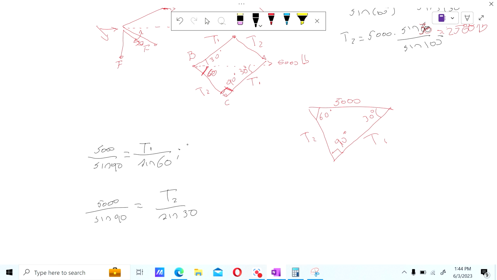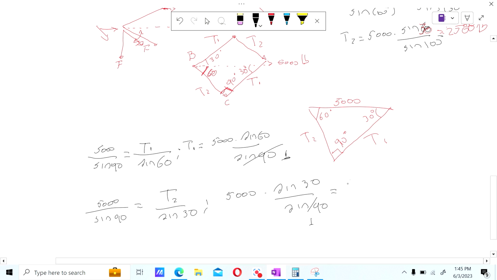So T1 equals 5,000 times sine of 60 over sine of 90, and this one is, remember, 1. And T2 equals 5,000, I'm sorry, times sine 30 divided by sine 90, which is 1.